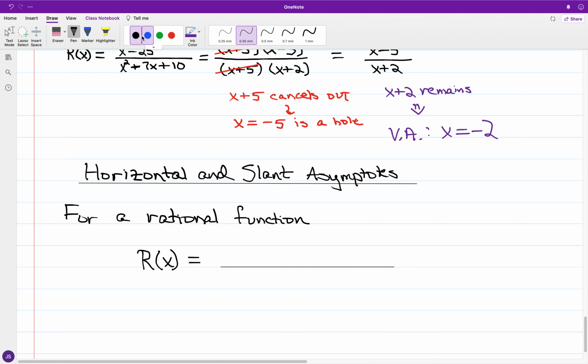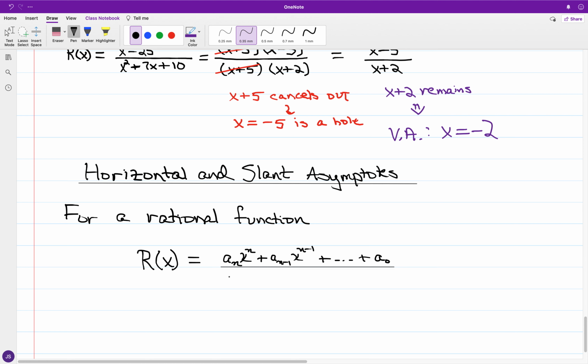So we have in the numerator a sub n x to the n, plus a sub n minus 1 x to the n minus 1. And you can have it going all the way down to a naught, where a naught is just going to be a constant once you put it in terms of application.